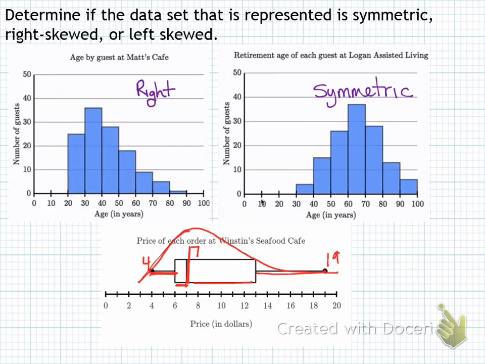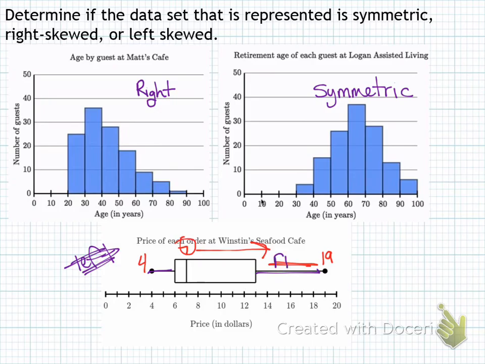So this would be right skewed. Okay, if I think of the average of this set, right, I have numbers going from 4 up to 19. So you can see the numbers up here are probably going to pull the average to the right. Okay, so my mean is going to be somewhere to the right of the median. So this would be right skewed.